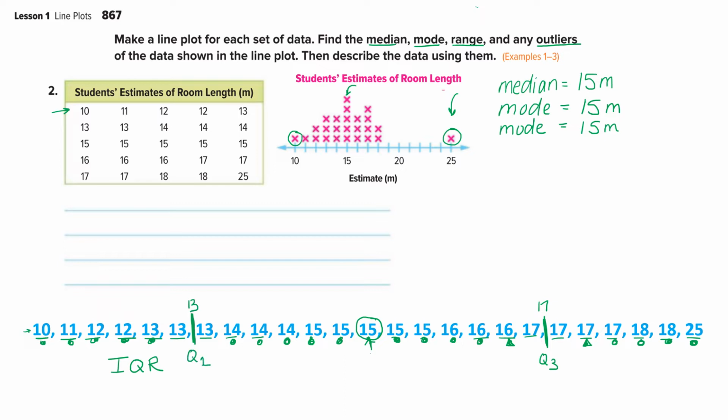And remember, 15 was quartile 2. Our interquartile range is the difference between quartile 3 and quartile 1. 17 take away 13 is 4. So the interquartile range equals 4. Now we're going to multiply that times 1.5.